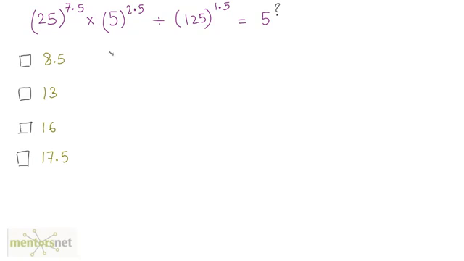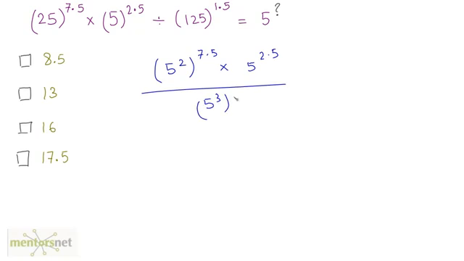This one's also a bit similar to the previous question. Let us solve this. So I can write this as 25 is 5 square to the power 7.5 multiplied by 5 to the power 2.5 divided by 125 is 5 cube to the power 1.5 is equal to 5 to the power, let's say, x.